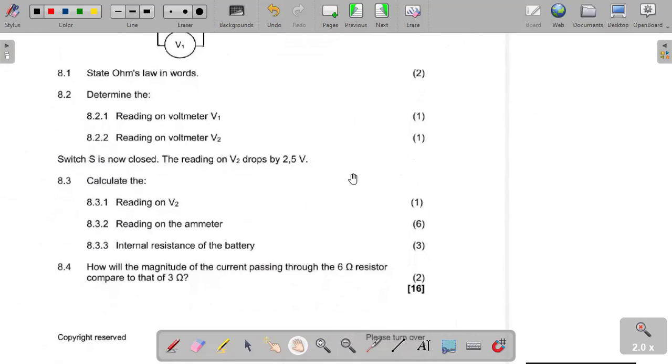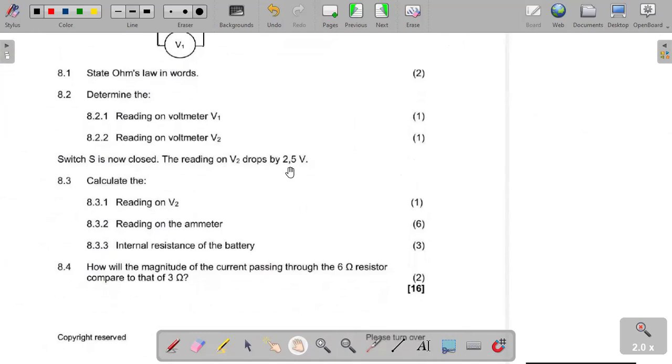Okay. Now they go on to say switch S is now closed. The reading on V2 drops by 2.5 volts. And then they say calculate the reading on V2. Okay.